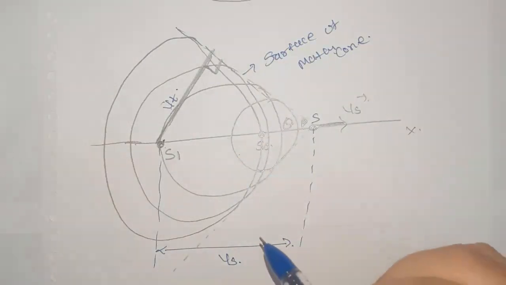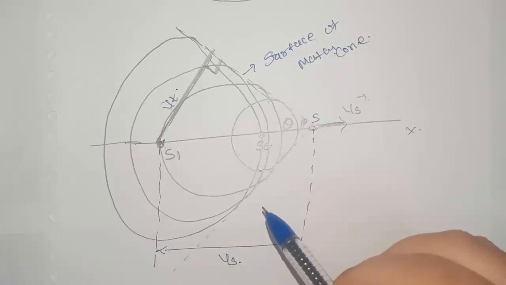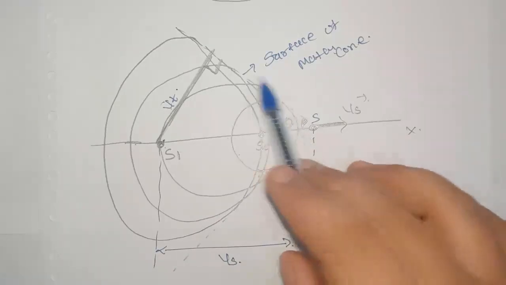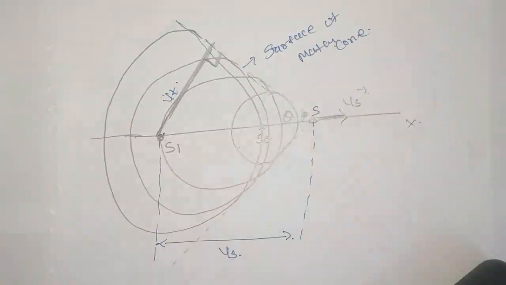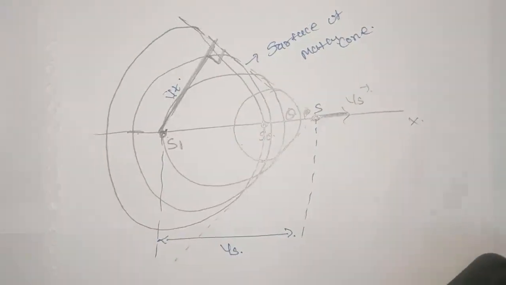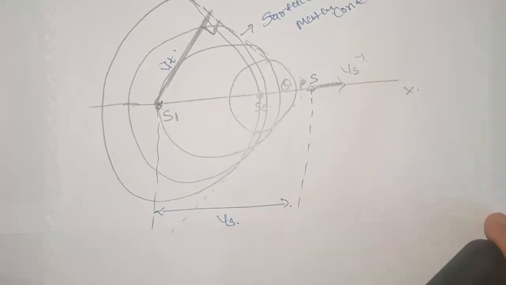The wavefronts extended in 3 dimensions are in the shape of a cone. This cone is called the Mach cone. The shock wave exists along the surface of this cone, because bouncing of wavefronts causes an abrupt rise and fall in air pressure as the surface passes through any point.